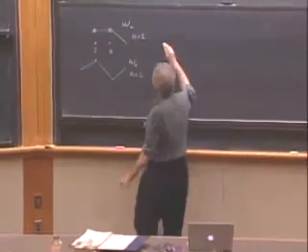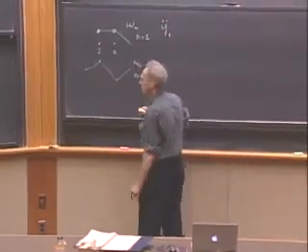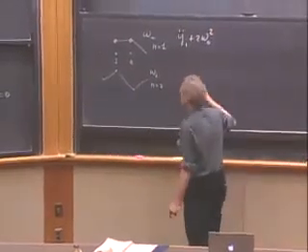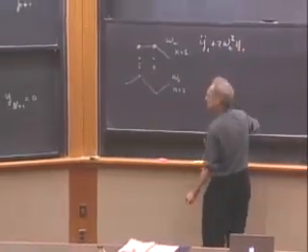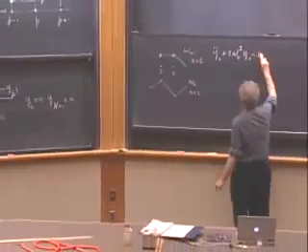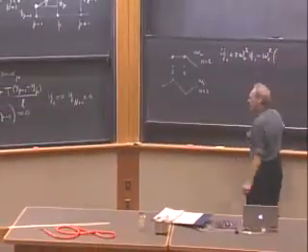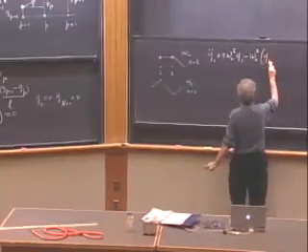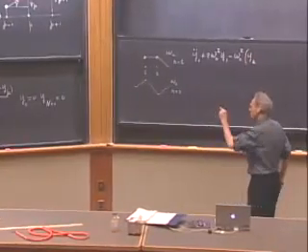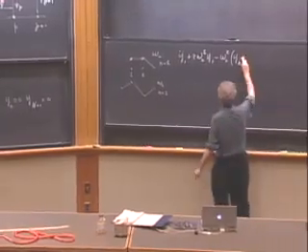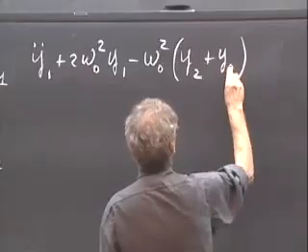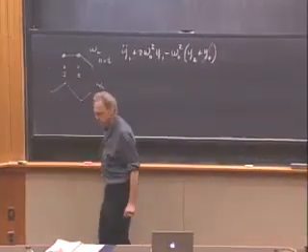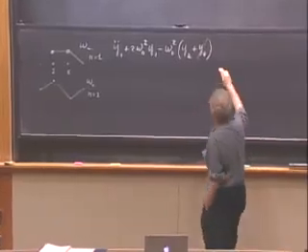So if you're ready, then we get y1 double dot plus 2 omega 0 squared times y1 minus omega 0 squared times y2, that's this particle. And then we get plus y p minus 1, which is plus y0, which happens to be 0, by the way, because y0 here is 0.